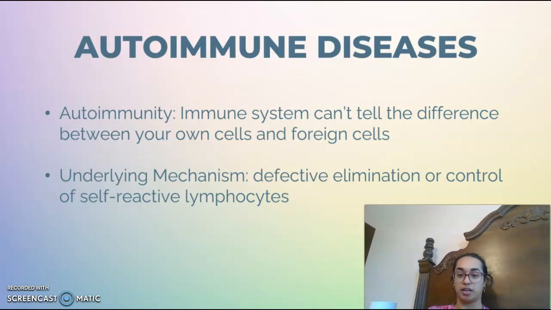The parts of the body affected depend on which autoimmune disease the individual has, and the fundamental underlying mechanism of autoimmunity is ineffective elimination or control of self-reactive lymphocytes.